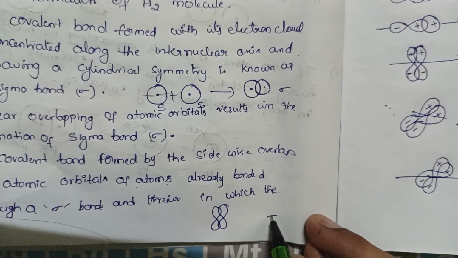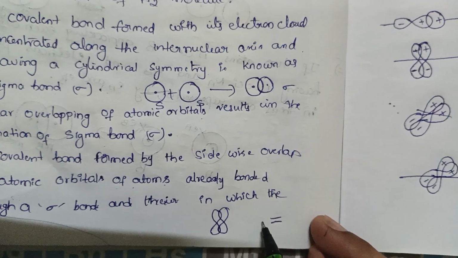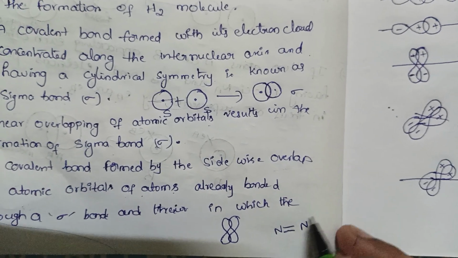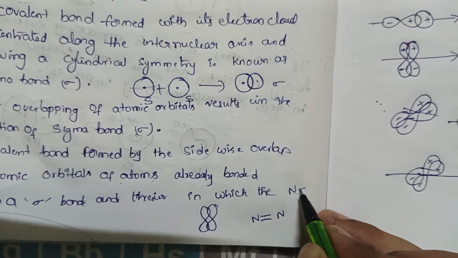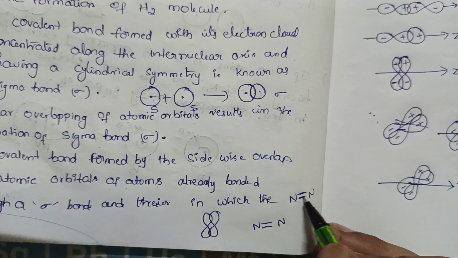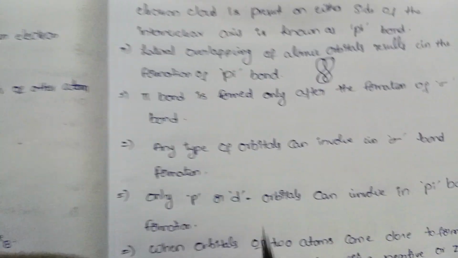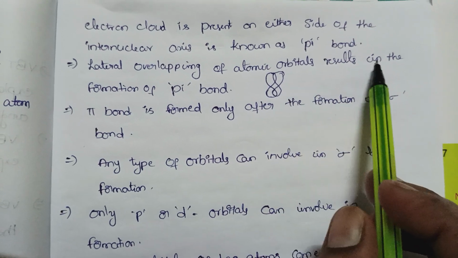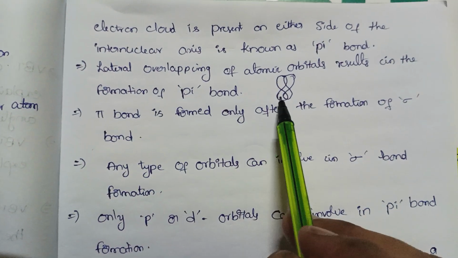First the sigma bond is formed, then the pi bond is formed. If we take the N2 molecule, first the sigma bond, then the pi bond. Lateral overlapping of atomic orbitals results in the formation of a pi bond.